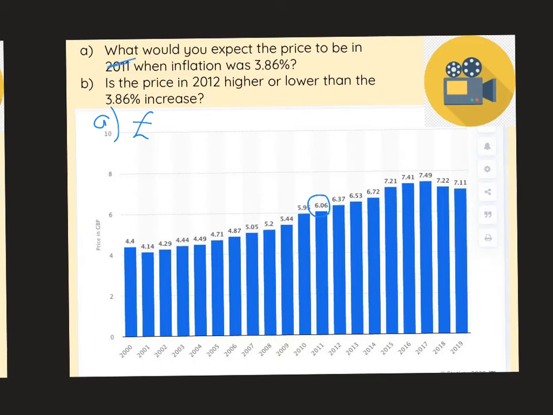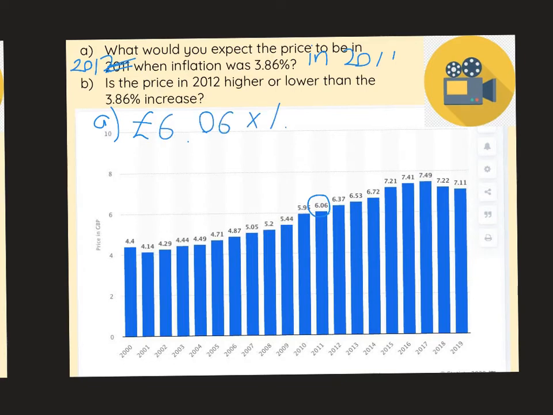That's supposed to say, I've just realised my error with that. It should be, what would you expect it to be in 2012 when inflation was 3.86% in 2011? So in 2011 it was £6.06.